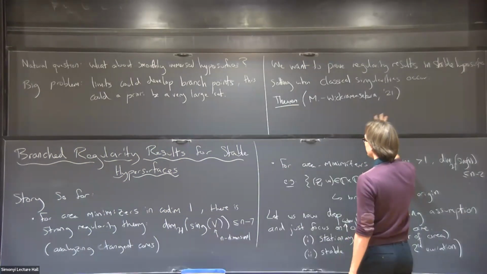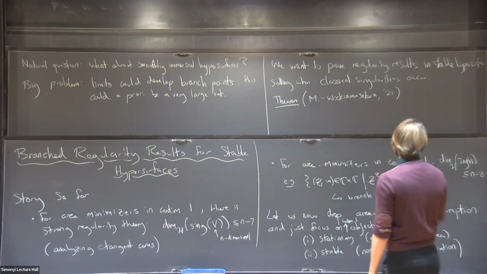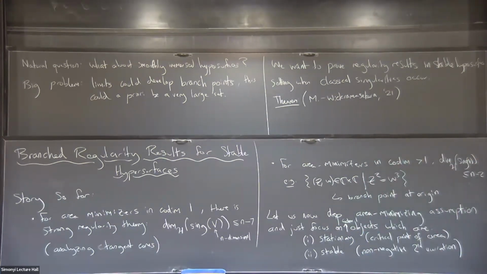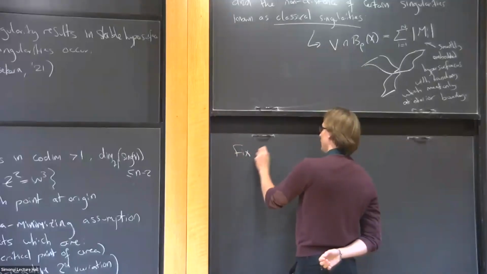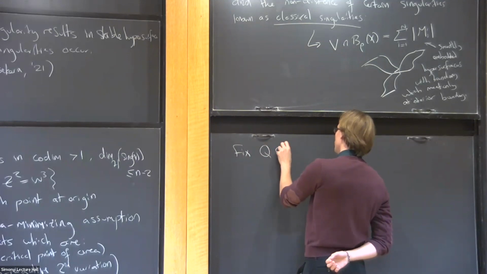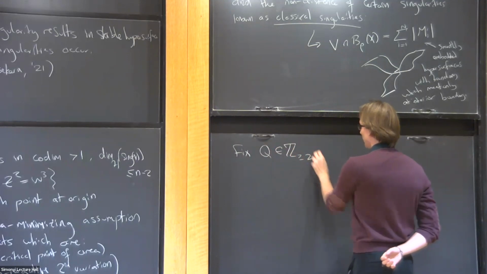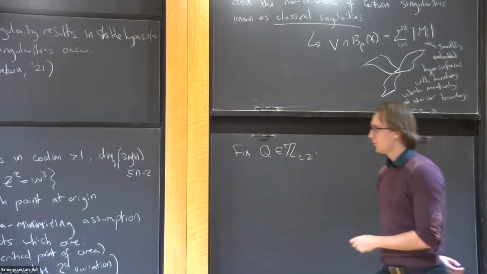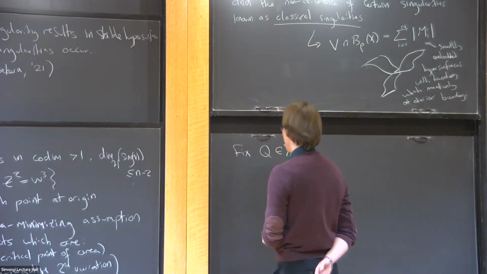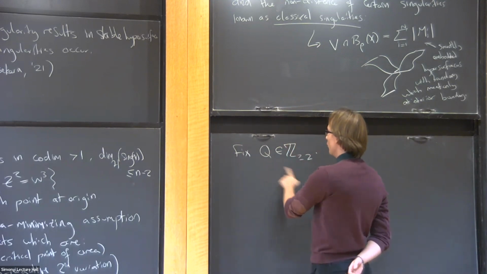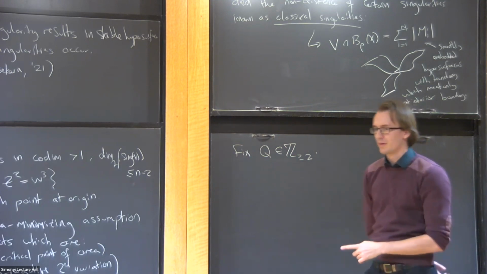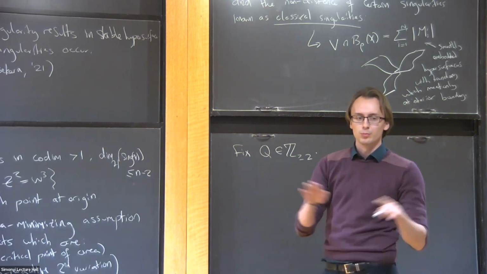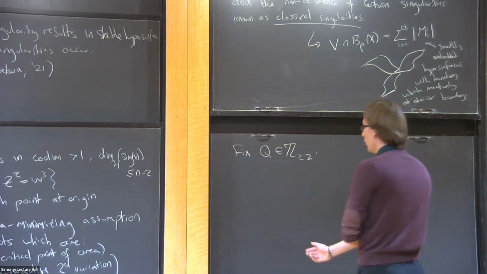Okay, I'm not going to be able to fit it. Okay, I'll come over here. So what we're going to prove is that if you fix an integer Q that's at least 2, this is kind of the branching order, if you will. Every branch point is essentially a branching of a certain integer number of sheets that interacts in some way.